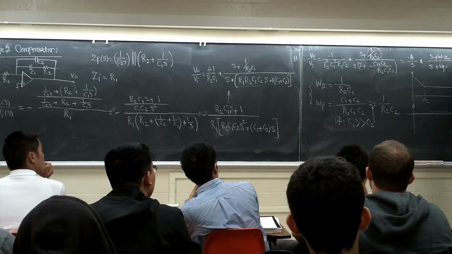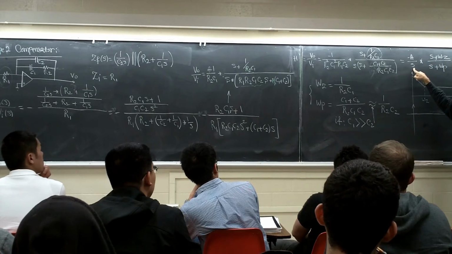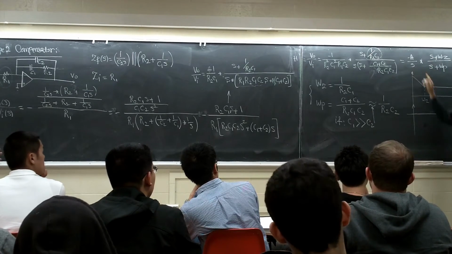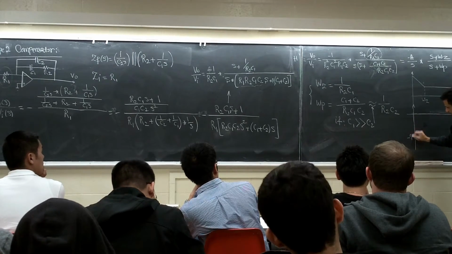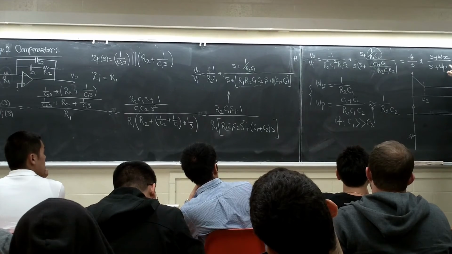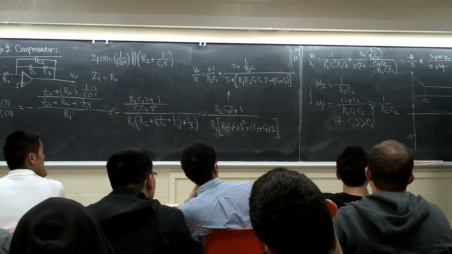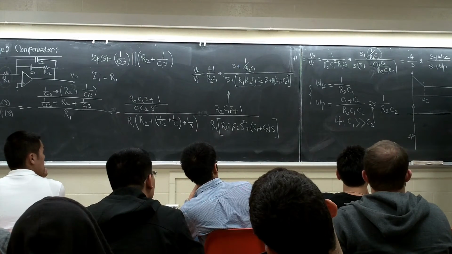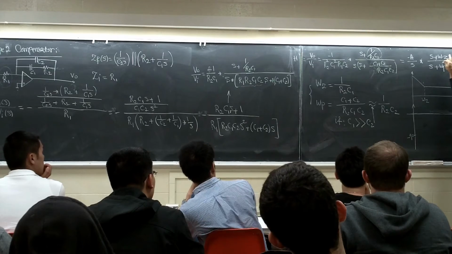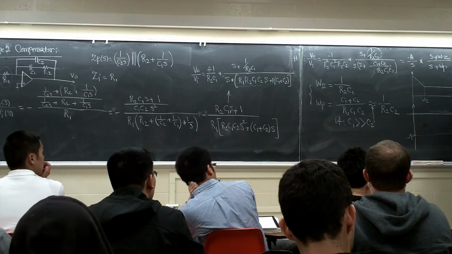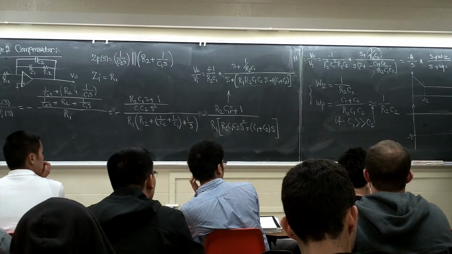If these two cancel each other, how much is the phase all the time? Minus 90, right? You start from minus 90. When we go to infinity, what is going to happen? These two are going to cancel each other again, so at infinity also it's going to end up at minus 90, right?